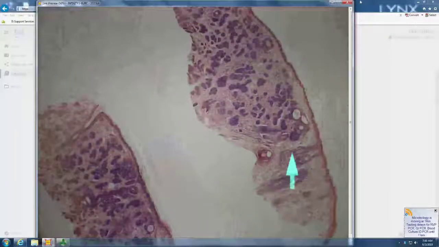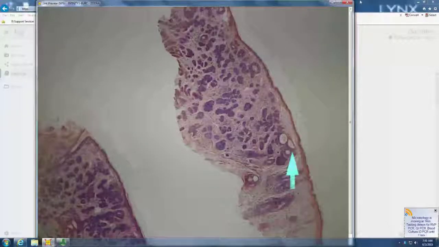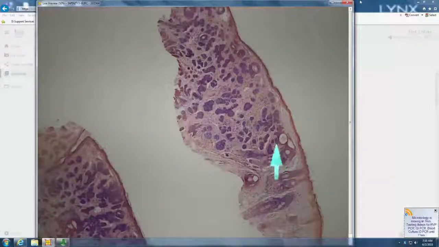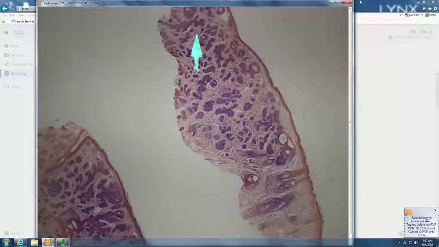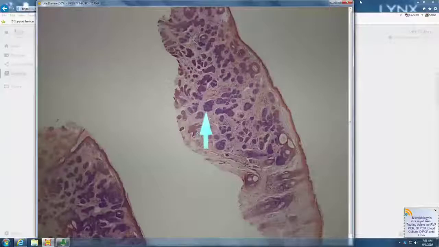So, basaloid neoplasm, it looks like palisades. What color are the strands? Pink strands. What color are the buds? Blue. So pink strands, blue buds, horn cysts, radiates outward.